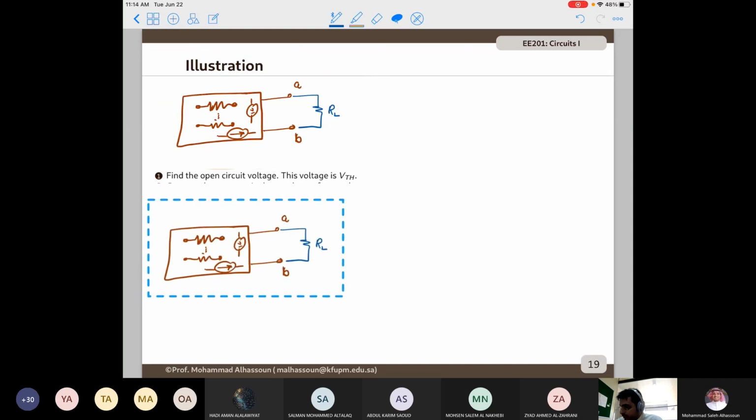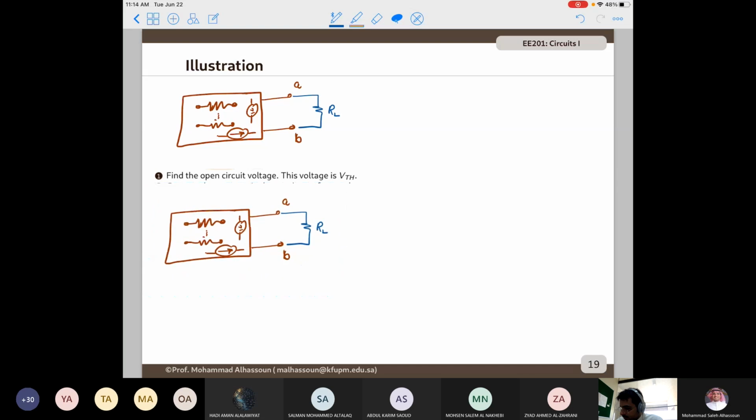You remove the load, and you try to measure the voltage here. This is the open circuit voltage, which is equal to V Thevenin. So this is the first step.